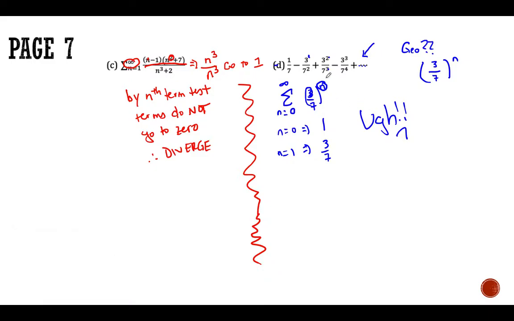All right. Let me do a little rewrite here. What if I want this to be 3 to the first over 7 to the first? That's not quite what I have here. I have an extra 7. And how about the next one?